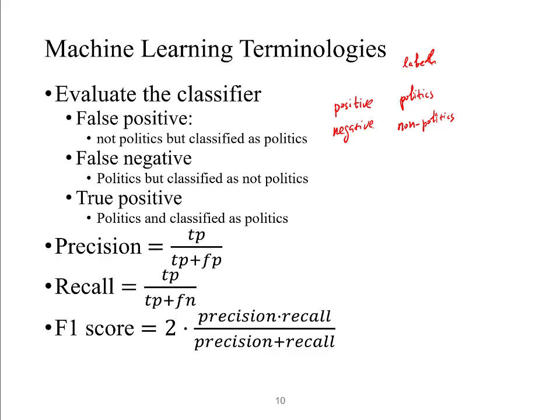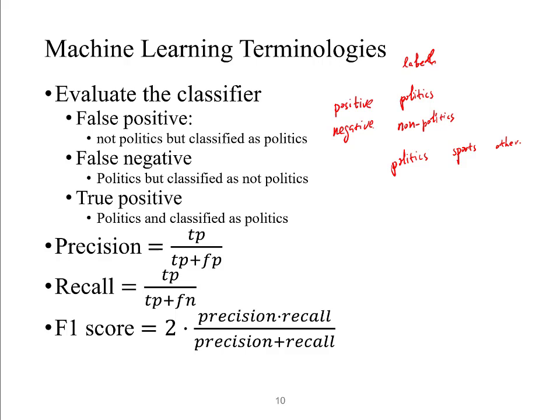This is for a binary label, because binary label usually has a yes and no, or something like this. And for multi-label classification problem, it's a little bit more complicated. So for example, say we have politics, sports, and other.